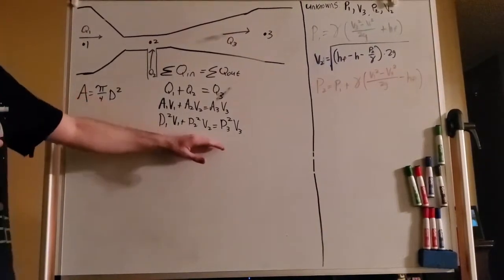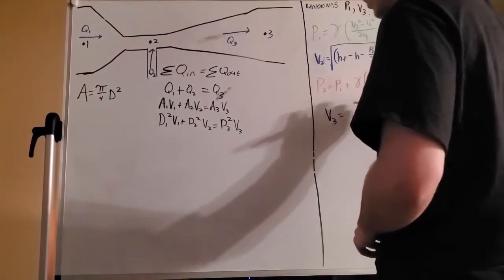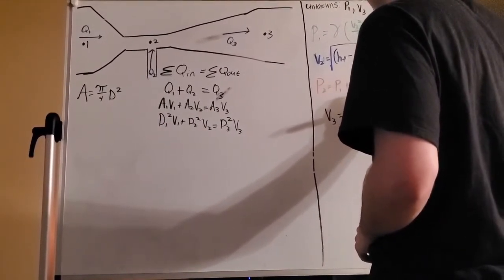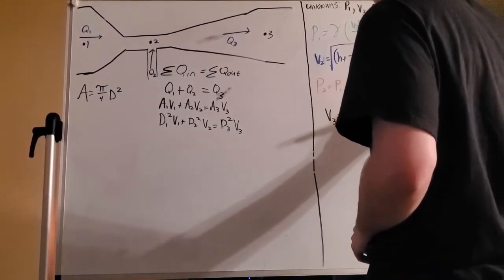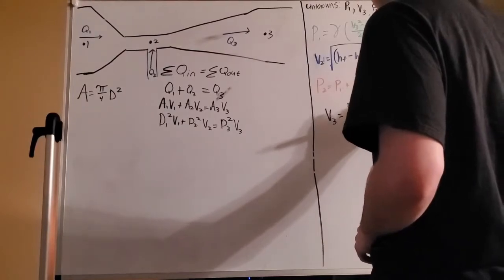Okay, and then we can rearrange this equation to solve for v3. I'm going to write that over here. So v3 equals d1 squared v1 plus d2 squared v2, all over d3 squared.